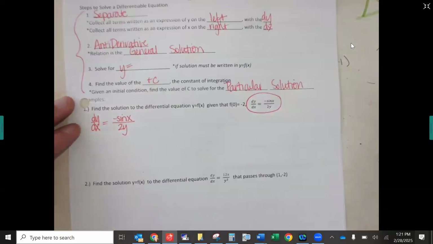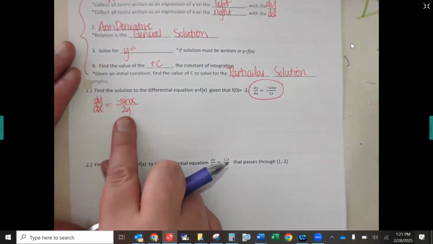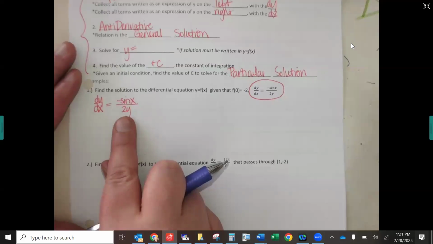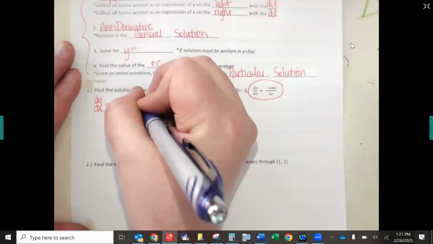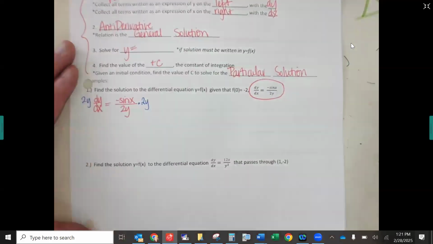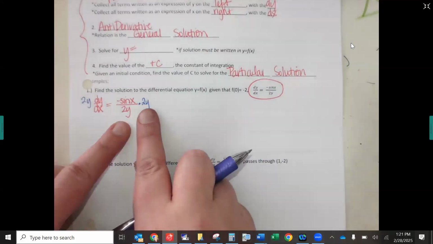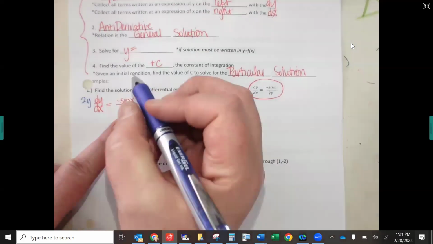We're going to separate this to get only y stuff on the left, only x stuff on the right. The way that we're going to do that is I see that my 2y is divided. This is a divide by 2y. So to undo that, I'm going to multiply by 2y on both sides. When I do that, if you have the times and the divide by on the 2y's, they cancel out.